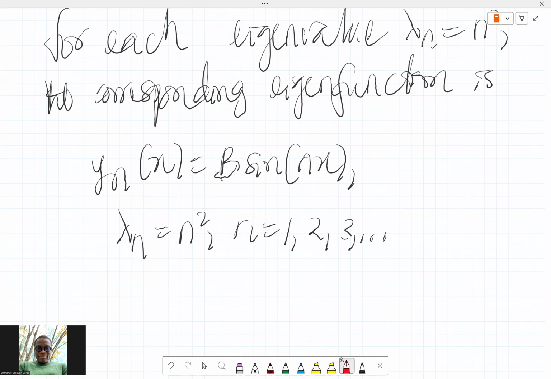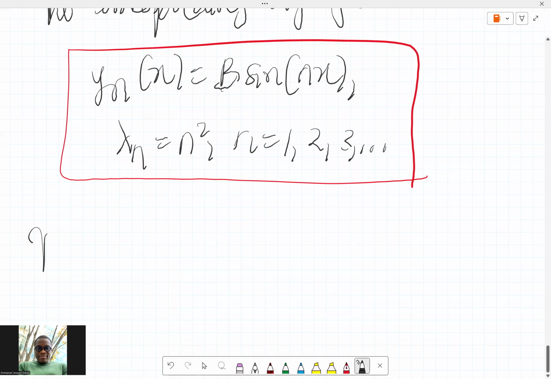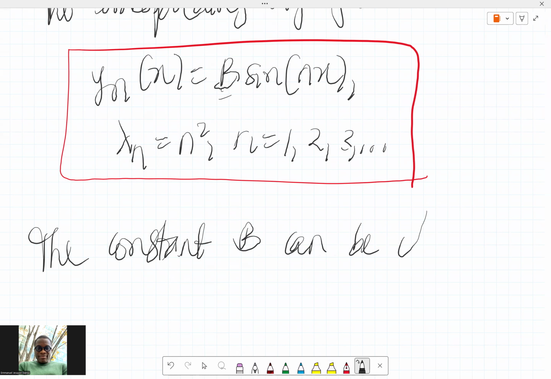We have this now. But then we can still say something else. The constant b can be chosen arbitrarily.